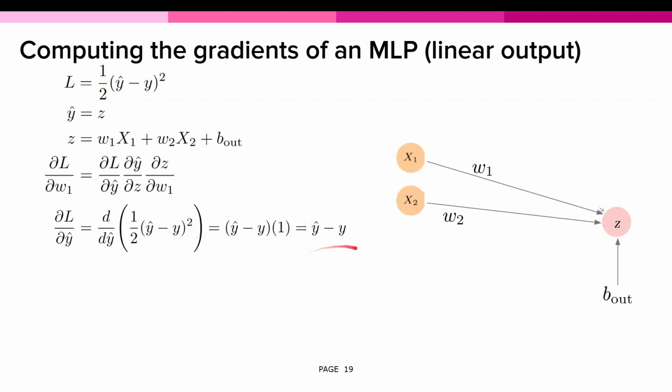So this leaves us with simply the prediction error as the gradient of the loss with respect to y hat. Now the partial derivative of y hat with respect to z is d by dz of simply z, because y hat is equal to z. So that's just going to be one in this case.